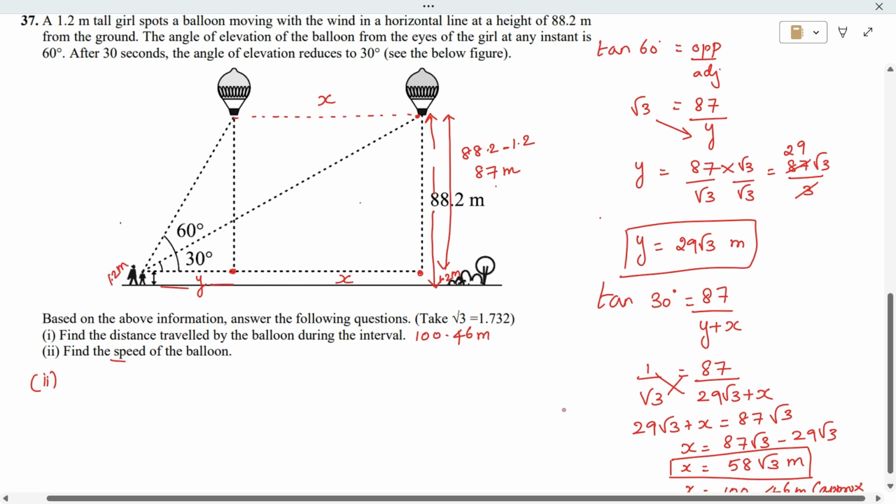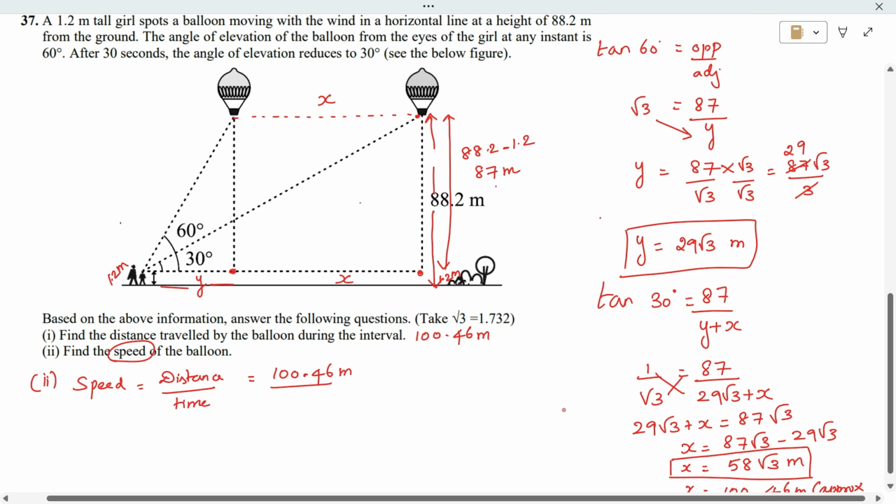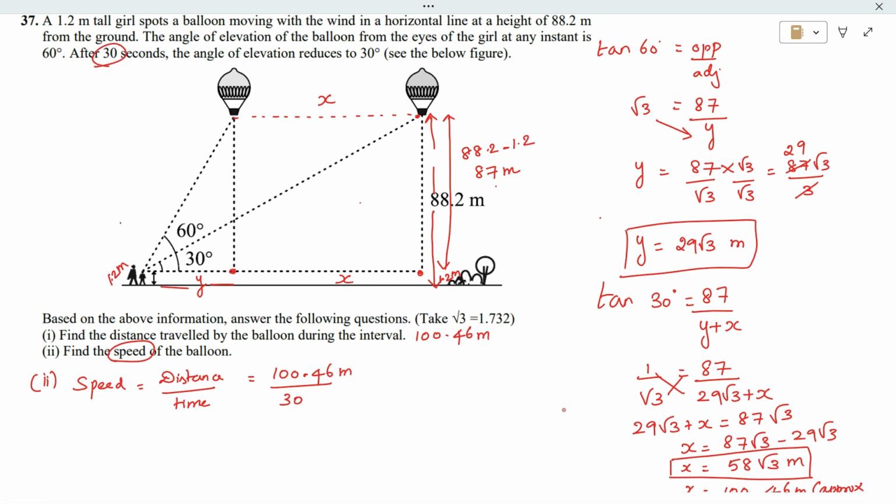Question number 2, find the speed of the balloon. So what is the formula for speed? That is distance over time, right? Distance by time. So distance is 100.46 meter, right? And the time traveled is 30 seconds. So divided by 30. So it is meter per second, right? So the unit of speed is meter per second.